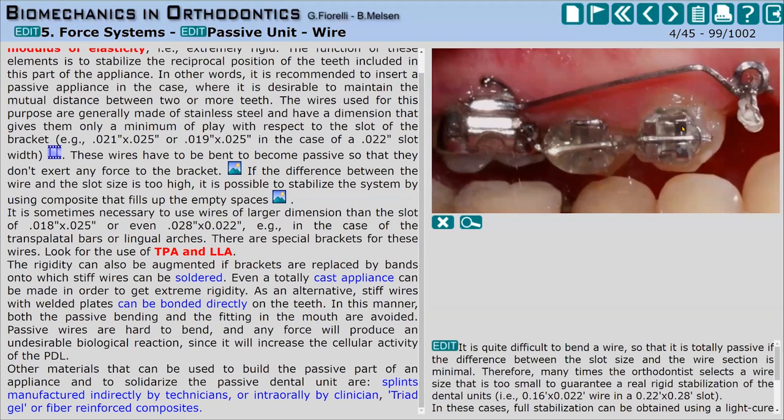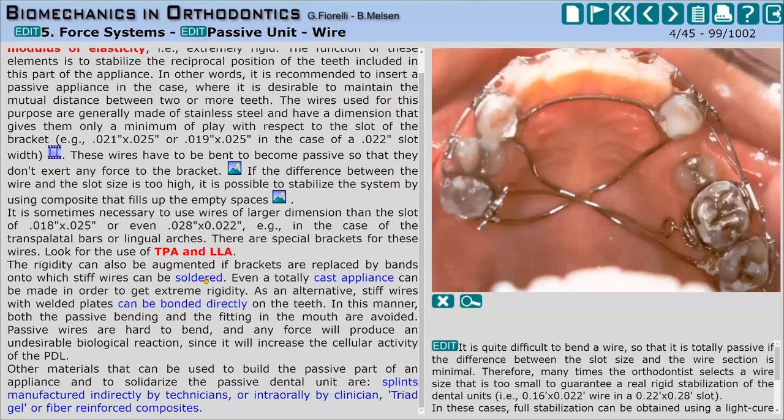And so this group of teeth is solidarized very well, even using a wire with a small section. The problem with this is that when you want to remove this wire, you have big chances to remove the bracket as well. So it's up to you whether you want to use this system.